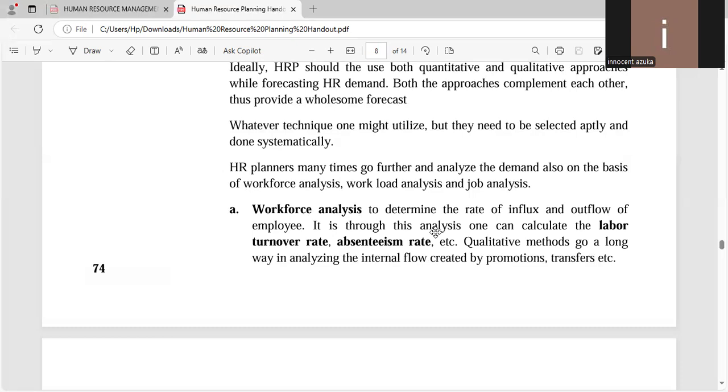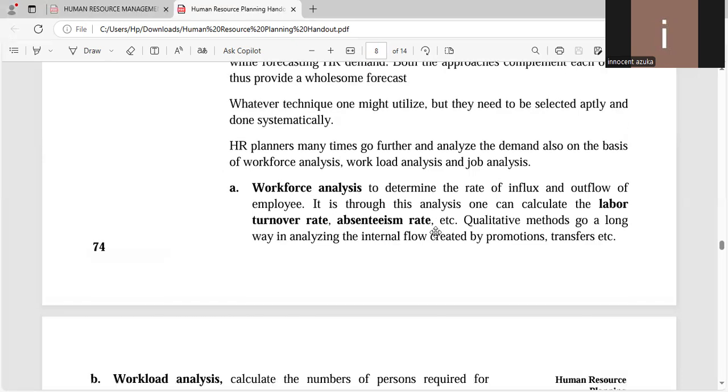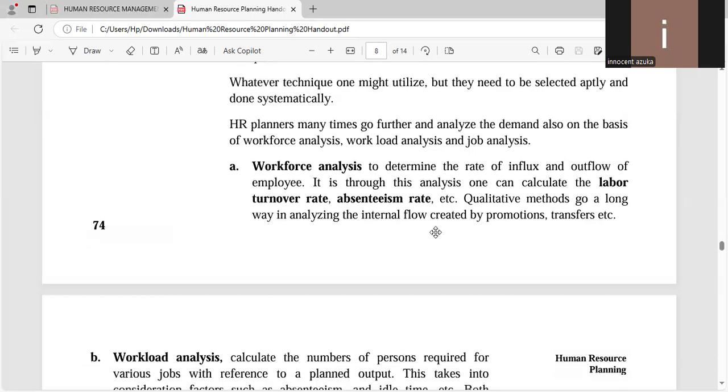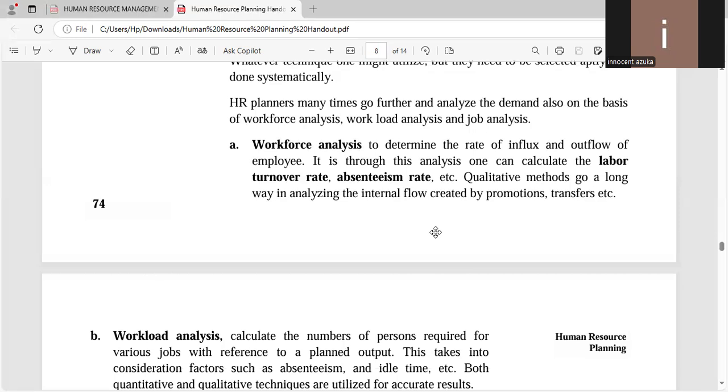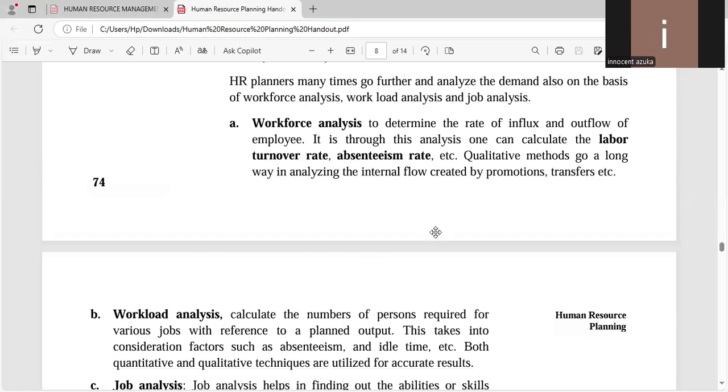Workforce analysis determines the rate of inflow and outflow of employees. It is through this analysis one can calculate the labor turnover rate and absenteeism rate. Quantitative methods go a long way in analyzing the internal flow created by promotions or transfers.